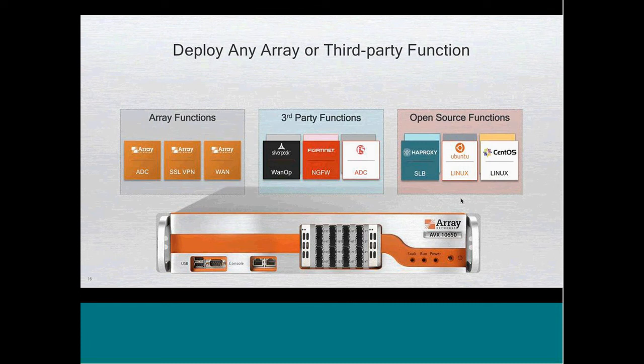Many networking organizations are also considering open source functions as they consider their network. Therefore, you can run open source networking functions on this box. These include things like HAProxy or Nginx. You can also run Ubuntu or CentOS Linux versions on this platform, and therefore it becomes an interesting combination of not only a networking device, but you can also avail some utilities that you might have already been using.